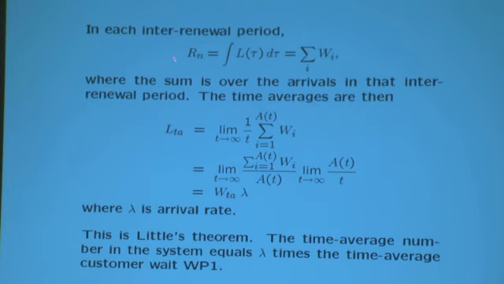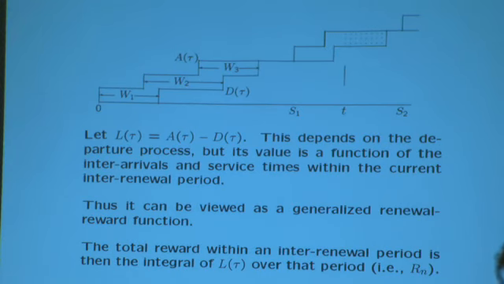Okay, here I've stated Little's theorem really, and let's go back and see where that comes from. If I want to look at the integral of L of t over this period of time, what is it? I can view it as W1 plus W2 plus W3. That's the easy way to integrate this function.